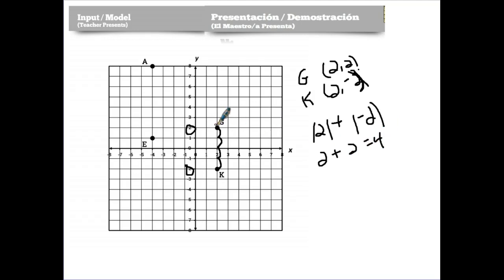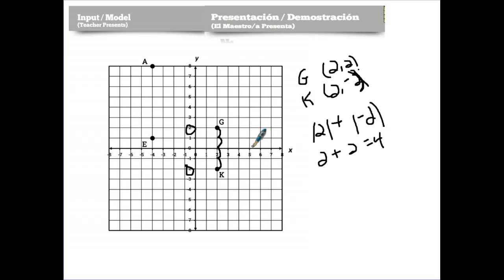And that's what I counted with my spaces, was 4 spaces. So when your coordinates are in different quadrants, you're going to add the distance between the coordinates to find the total distance between both ordered pairs of numbers.